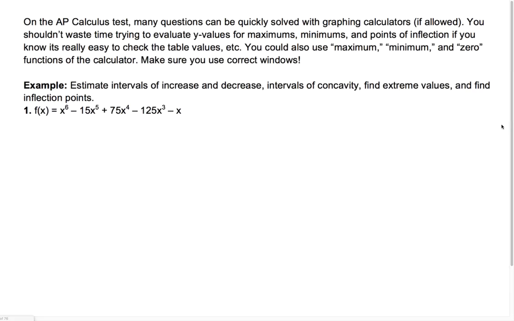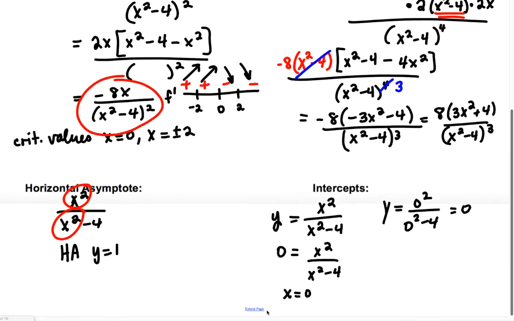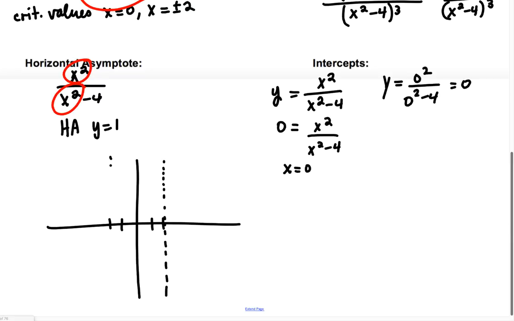Okay, and then vertical asymptotes? No, we did those already. So, putting it all together into a giant graph. We have our vertical asymptotes at 2 and -2. We have our horizontal asymptote at 1.